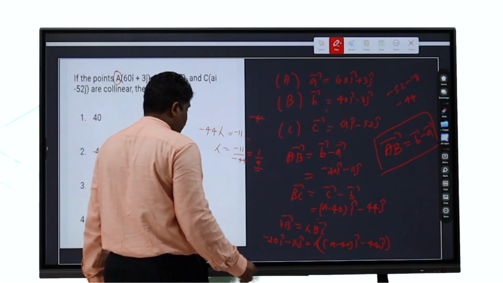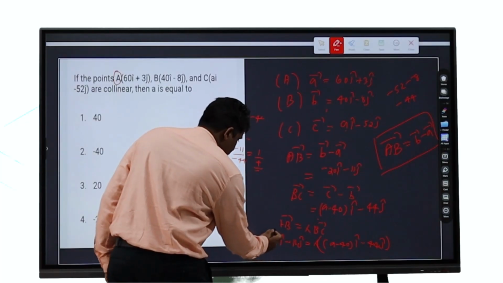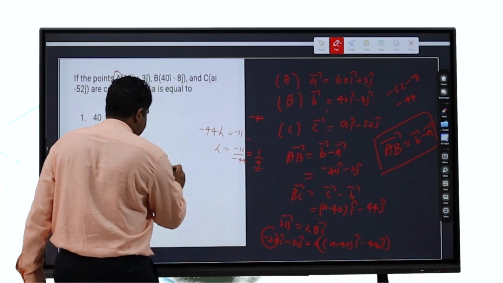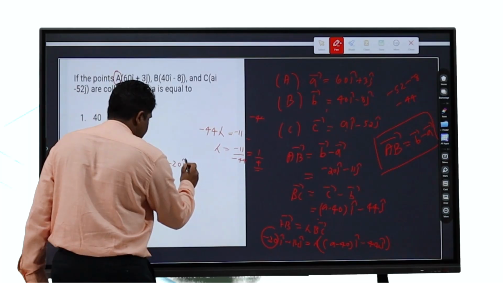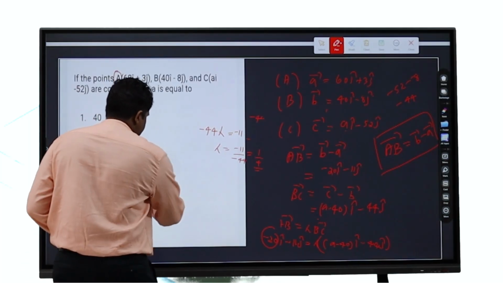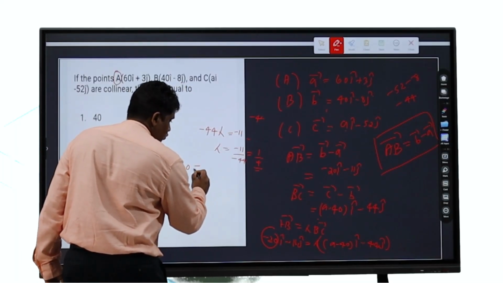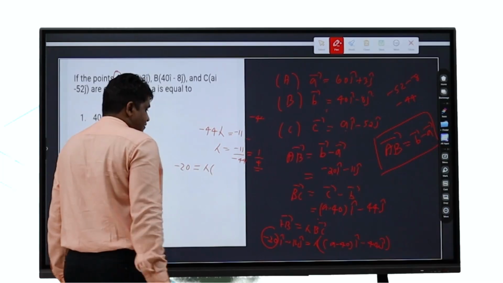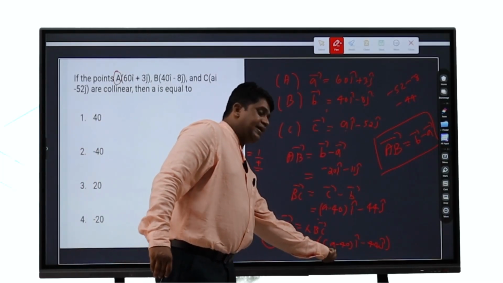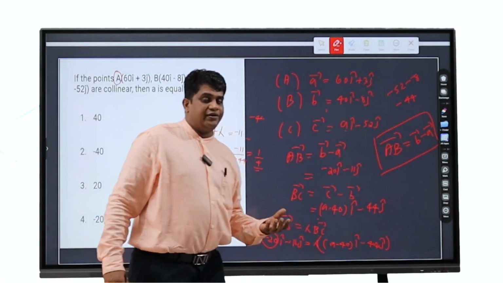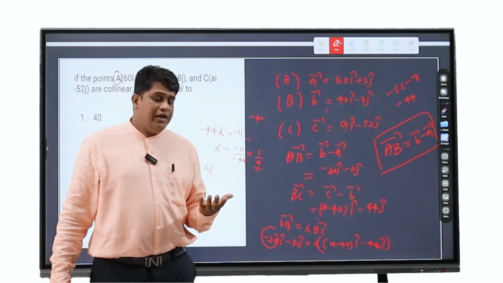If lambda is equal to 1 by 4, what happens? We have minus 20 as the scalar component of i, which is equal to lambda into the scalar component of i on the right hand side. Okay, because if two vectors are equal, their scalar components are equal.